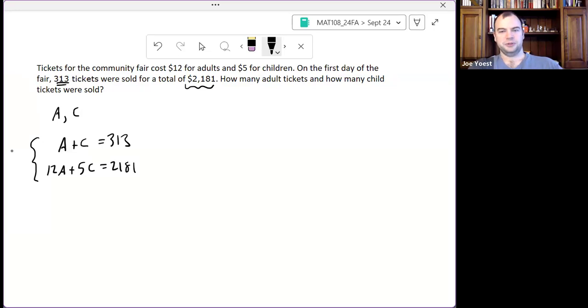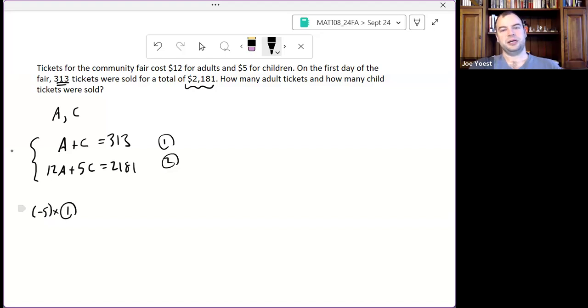And here maybe we'll do the addition elimination method. So we'll multiply equation 1, and let's try to eliminate C maybe, because we have to multiply by a smaller number to make that happen. So I'll multiply equation 1 by -5. So I have -5C plus 5C.